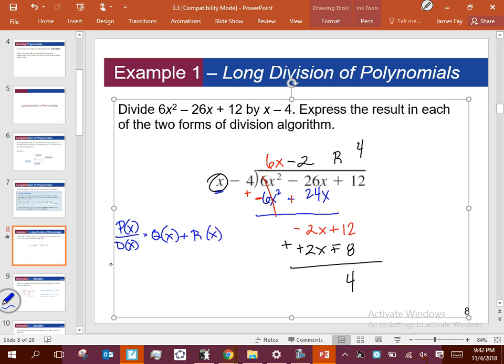So in this case, if I have 6x squared minus 26x plus 12 divided by x minus 4, I can rewrite that as a quotient plus a remainder: 6x minus 2 plus 4 over x minus 4. Now, that is not equivalent to my numerator. It's equivalent to my numerator divided by my denominator over here. So that's one method of rewriting our answer.